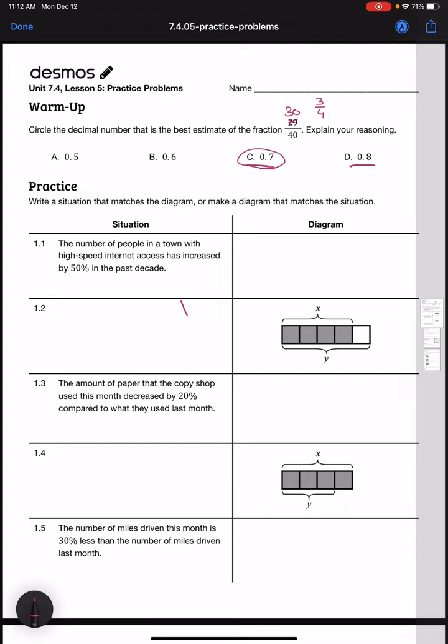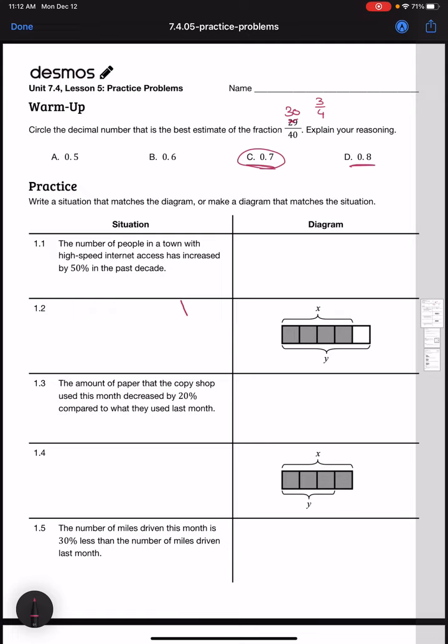Now for our practice, we want to write a situation that matches the diagram, or make a diagram that matches the situation. This one starts with the situation. The number of people in a town with high-speed internet has increased by 50% over the last decade.